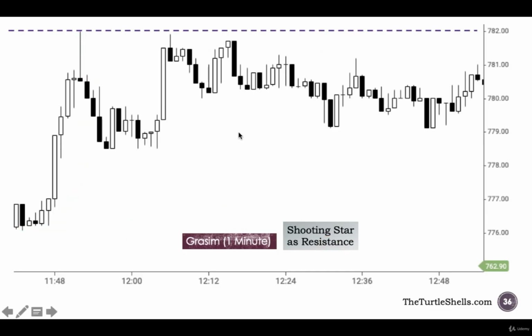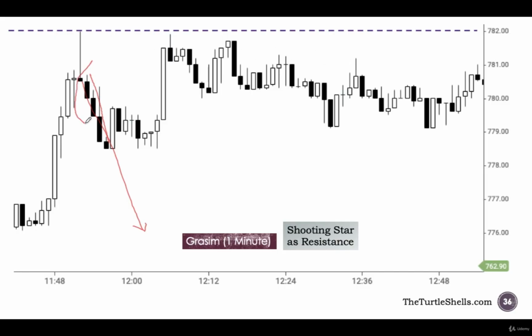So in this case, the trend did not reverse aggressively. Yes, it went down, so this was a nice little profit here. However, the important point here, or the purpose of this video, is to see whether the shooting star high becomes resistance.